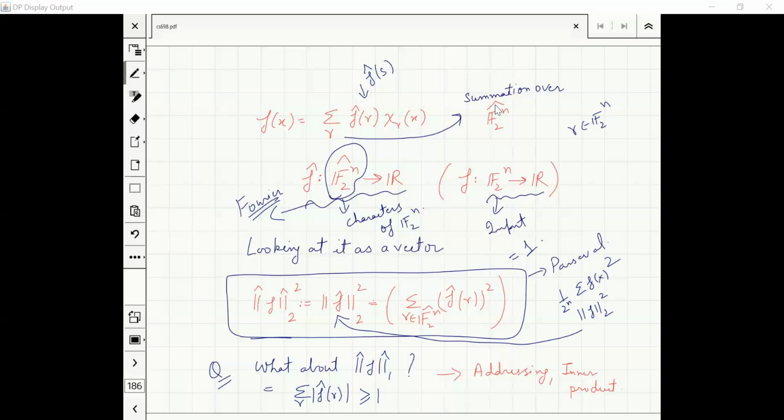You know of the inequality which can bound the summation of a_i, where the a_i's are positive, or mod a_i, in terms of the summation of a_i square. Cauchy-Schwarz. Yes, this is called Cauchy-Schwarz.